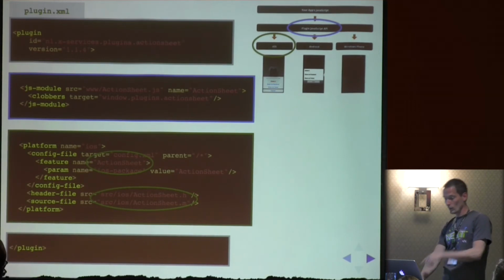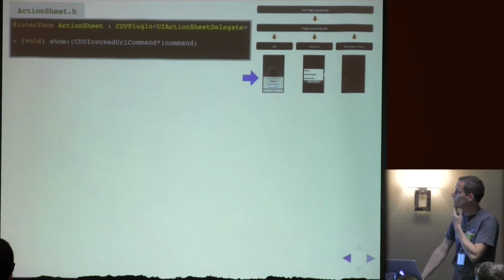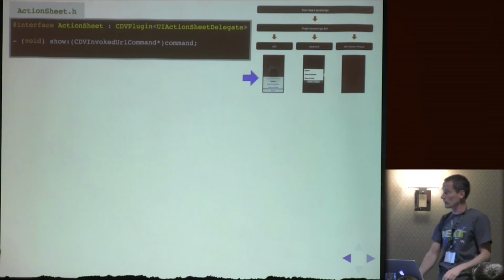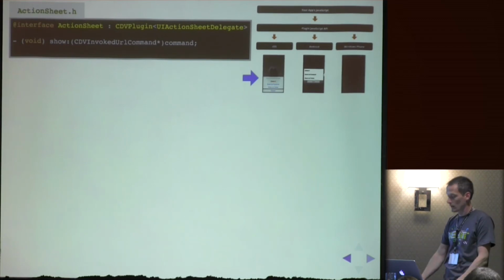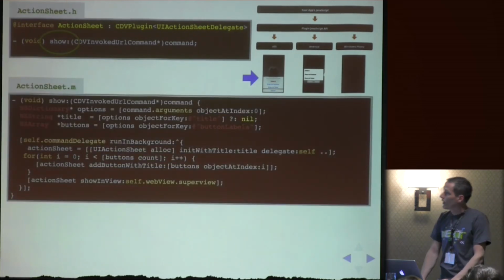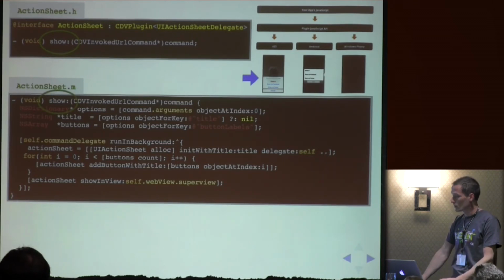So while we're looking at the iOS configuration, let's dive deeper into that. iOS typically has a header file. I called it actionsheet.h. This header file extends CDVPlugin, and it has the show method. And there's also the body, the implementation of the interface, which has the same show method.